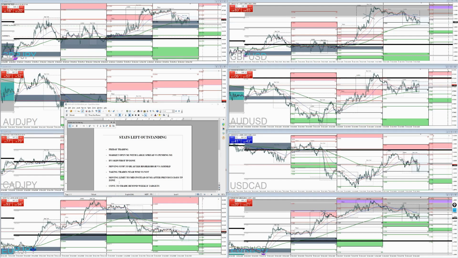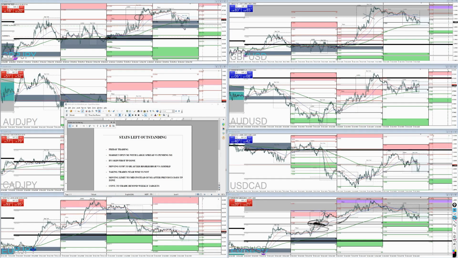I want to take a look at moving my limit to the midpoint instead of M1 after the previous day's take profit zone. For example, this is a perfect example in here, and this is why I want to explore this a little bit more: we had our take profit zone in here, and my entry, in fact you can still see it on here, I have a pending order right here.